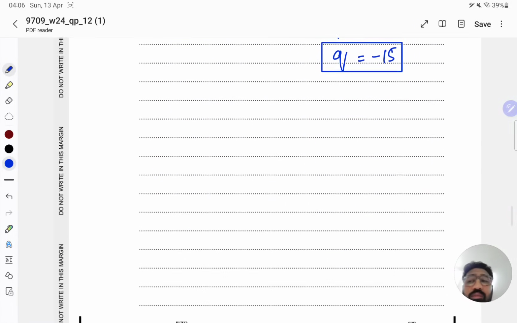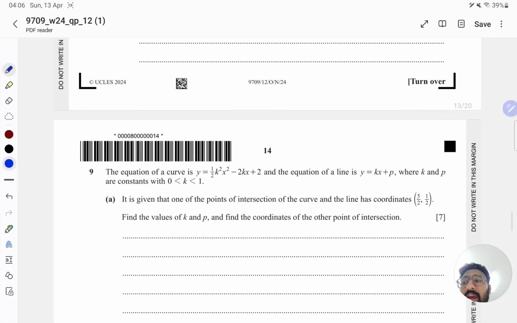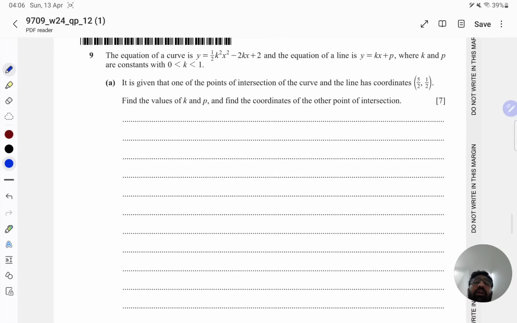Okay, so let's move to the next question, question number 9. The equation of a curve is y equals 1 by 2 k square x square minus 2kx plus 2, and the equation of a line is y equals kx plus p, where k and p are constants.